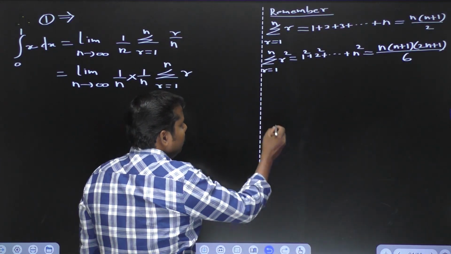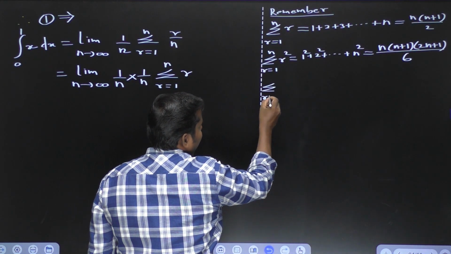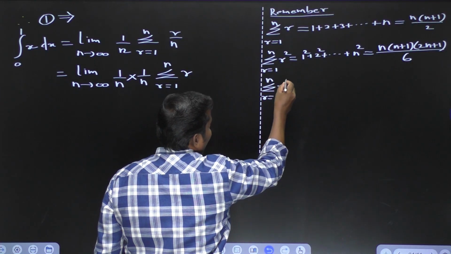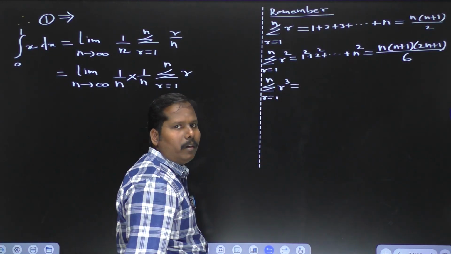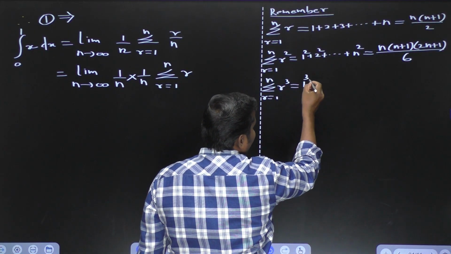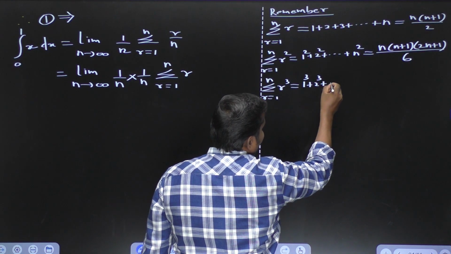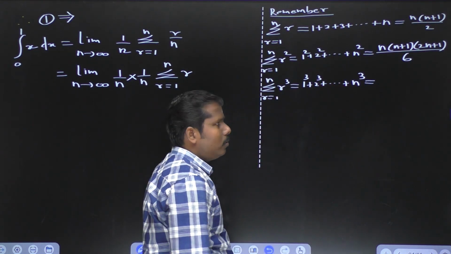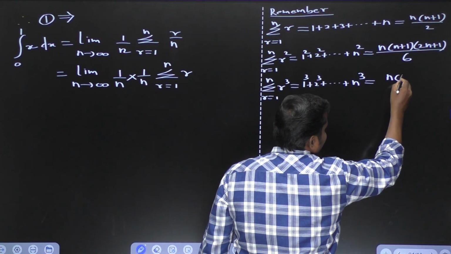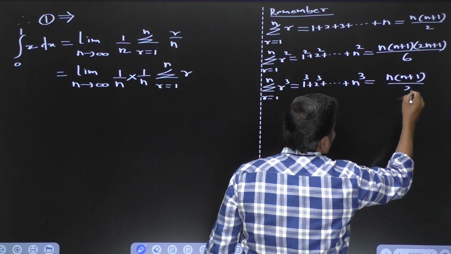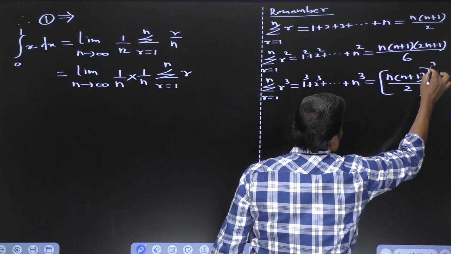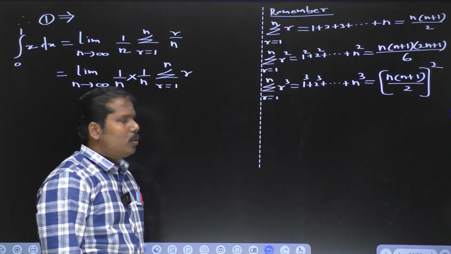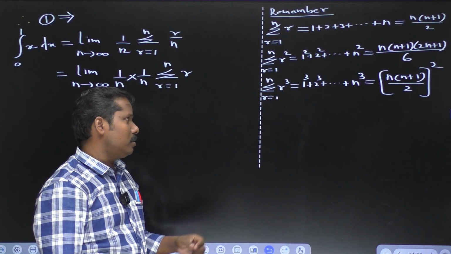And thirdly, summation r equal to 1 to n r cube, which is nothing but 1 cube plus 2 cube plus etc. n cube, which is equal to n into n plus 1 by 2 the whole squared. This is the sum of the cubes of the first n natural numbers.